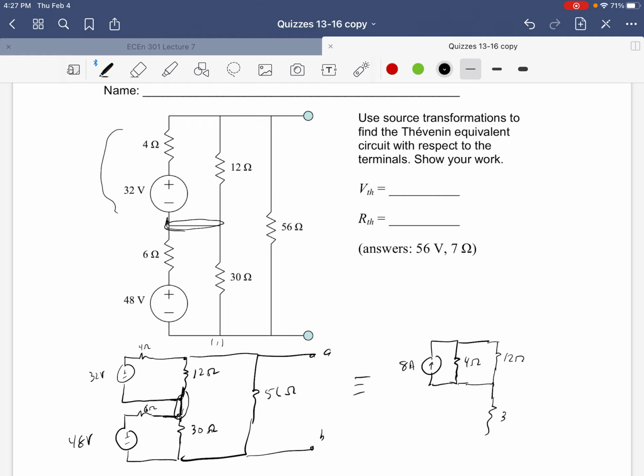We've got the 30 ohm resistor, and we can do a source transformation here. This is going to be your 6 ohm resistor, and then we'll have 48 divided by 6, so isn't that 8 amps as well? 8 times 6 is 48, and this whole thing is in parallel with 56 ohms. There's A and B.